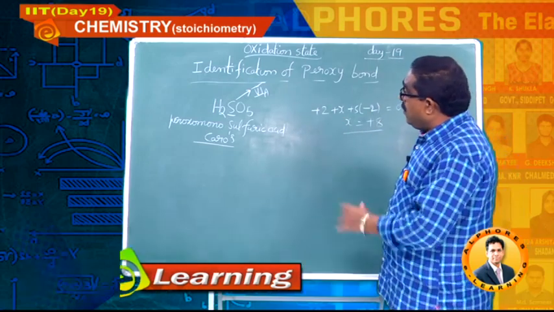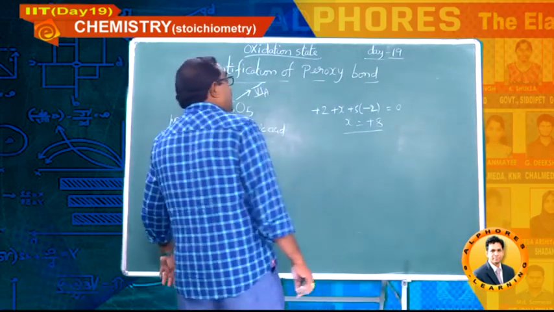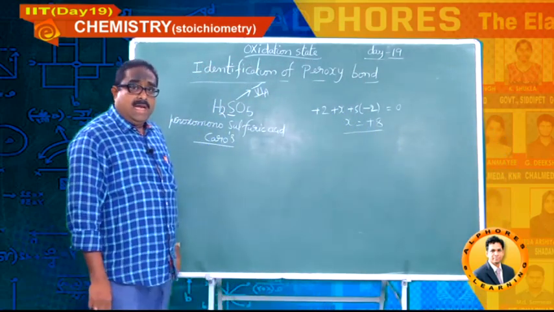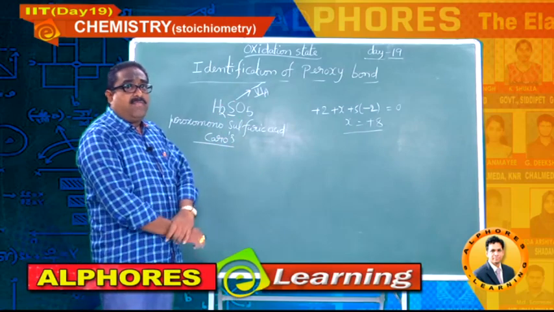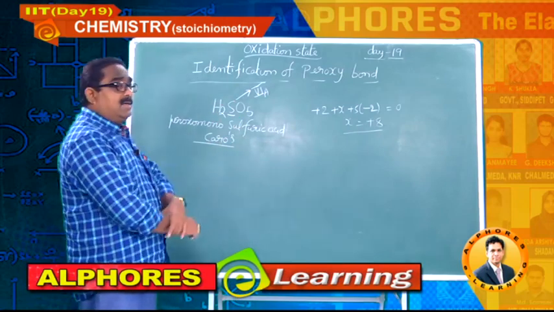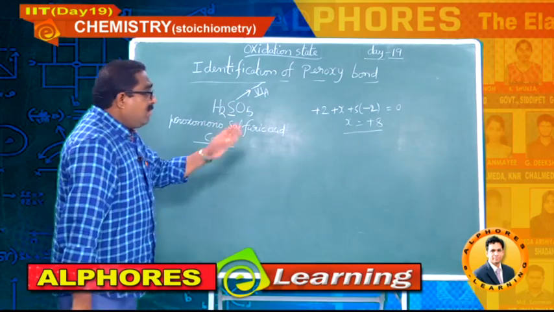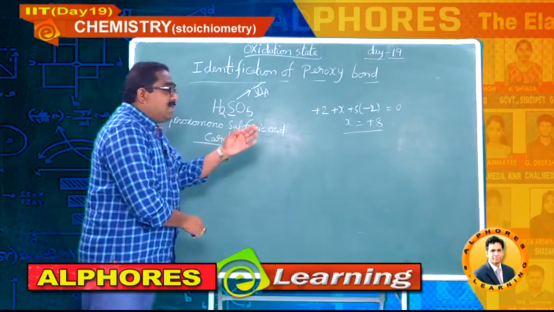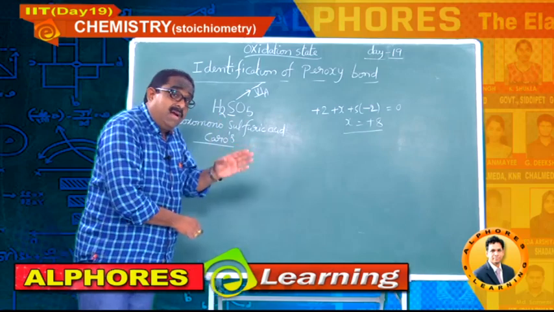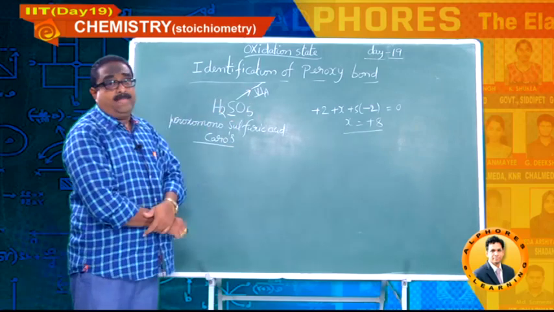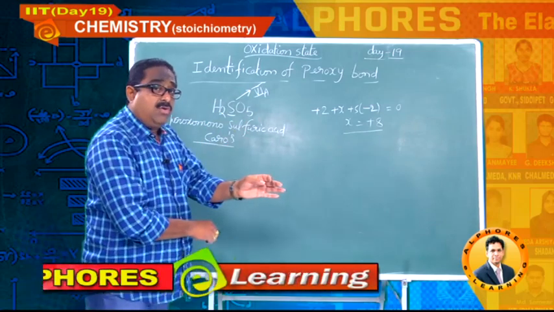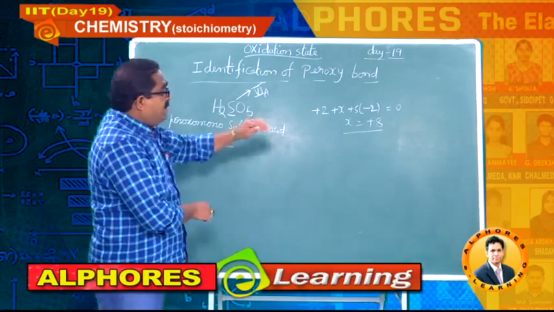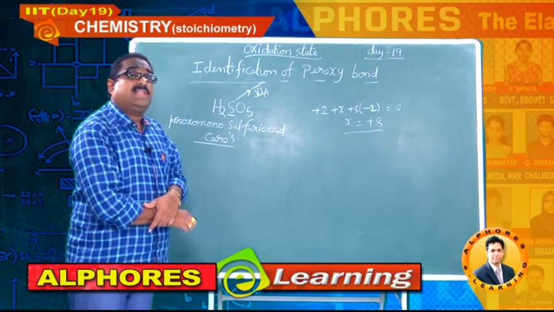This is how to identify the presence of peroxy bond in a given compound. If you go for normal calculation of the oxidation state of an element, and you get an oxidation state more than its group number, then you can come to a conclusion that the compound may contain a peroxy bond.